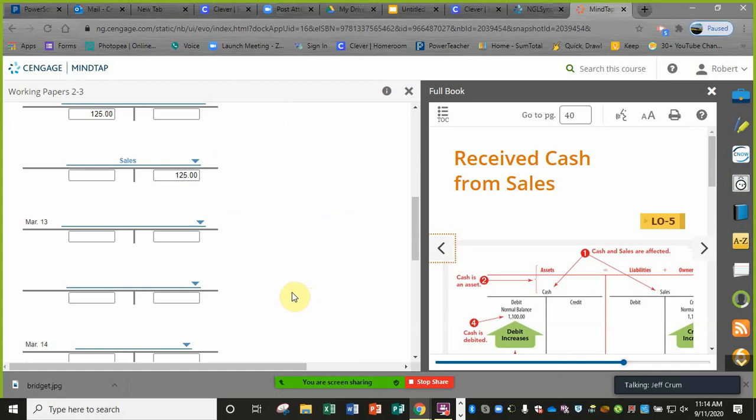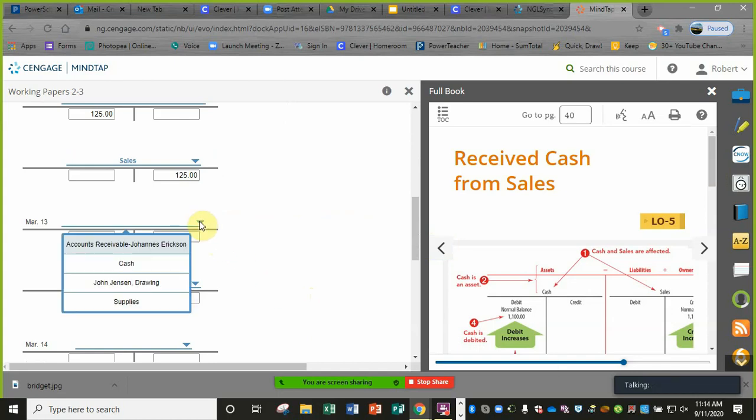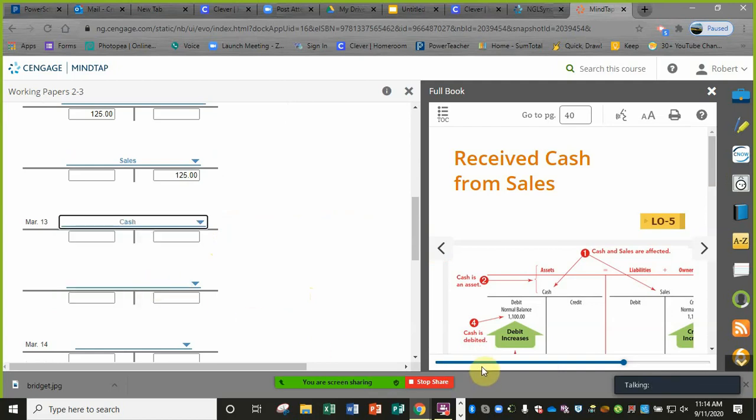So March 13th, we received cash. So we'll click our drop down arrow and we'll start with cash. So remember, we're under assets, so any increase, because we should receive the cash, so the cash is going to increase, so the increase goes on the debit side.